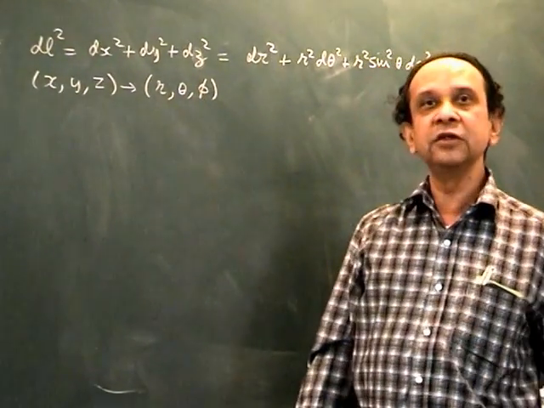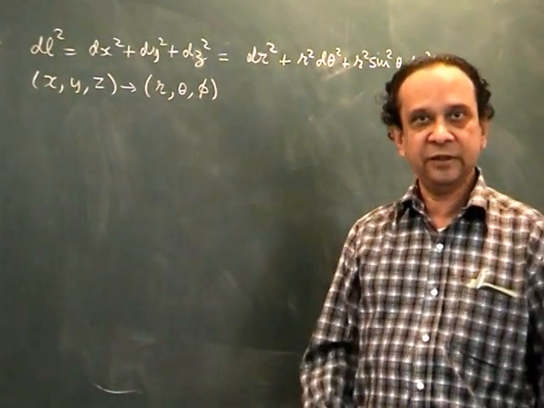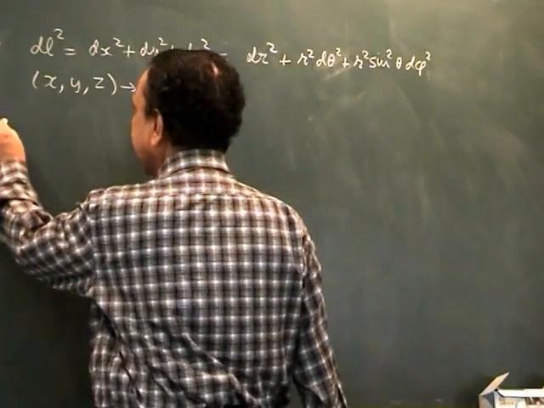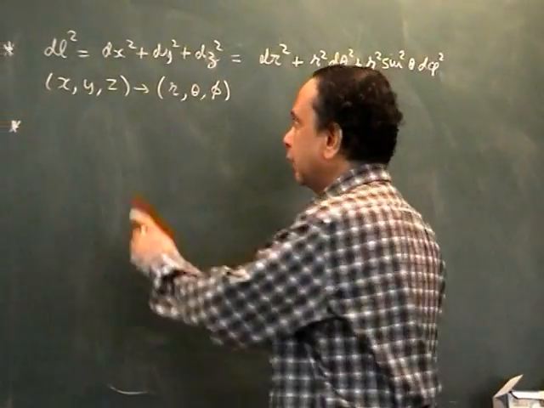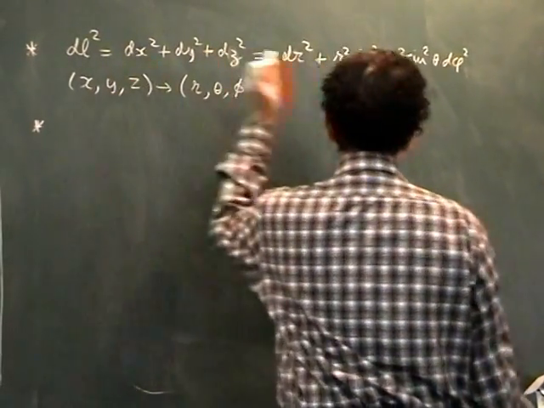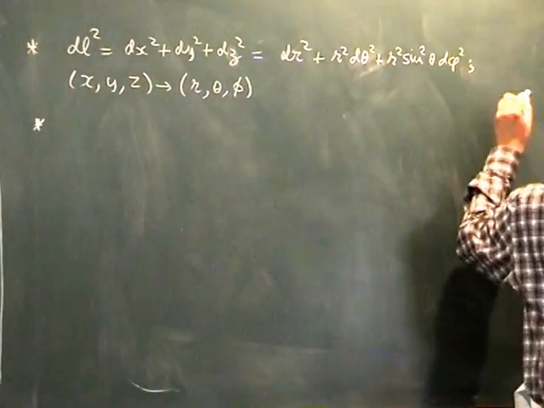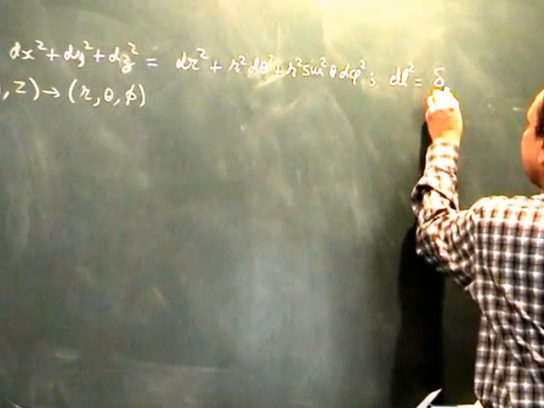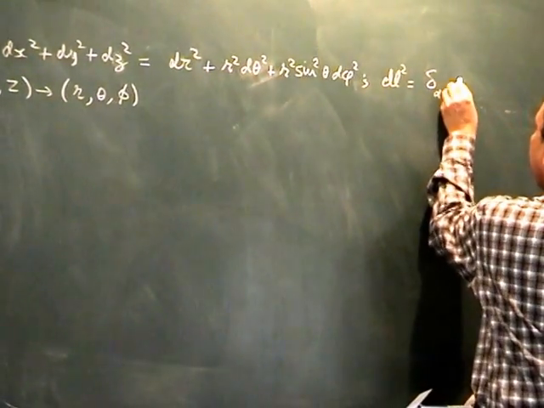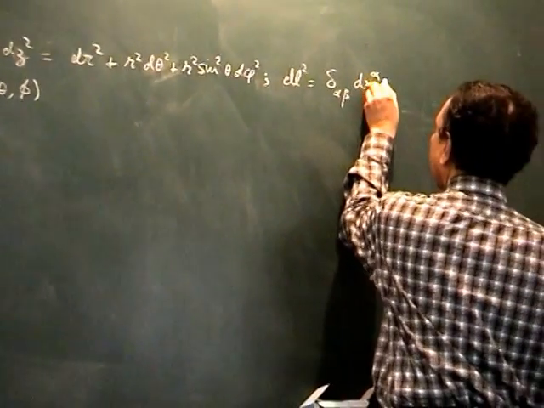And suppose we do this in 4 dimensions, and what happens? So in order to do that, it is nice to write things down in a slightly more sensible way. First of all, from dl square, here itself let me indicate that. I could have written down this dl square as delta_alpha beta dx^alpha dx^beta.